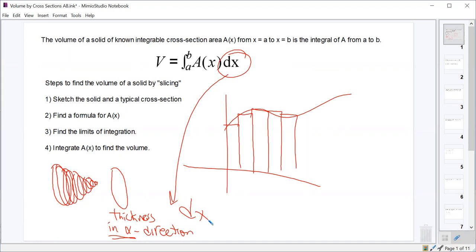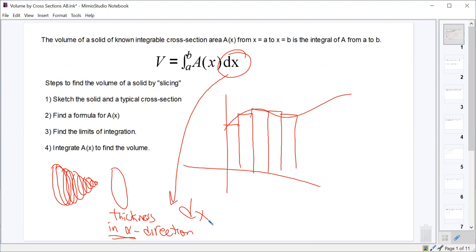Now, here's the part where it gets more complicated. Sometimes the base of your object, and this is not perfect, somebody 3D printed this for me because I would have trouble explaining what these things look like to people. Sometimes the base of your object is going to be something weird.